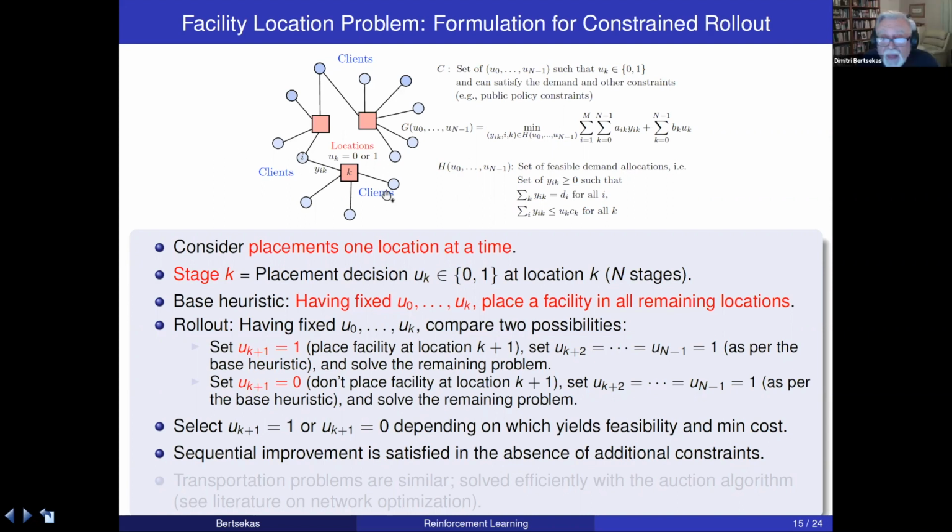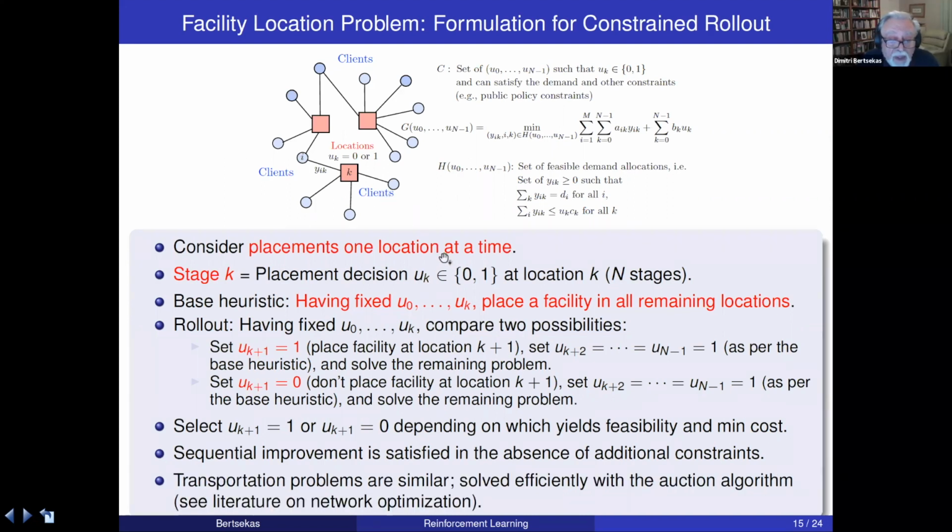But there's one thing that I want to mention, and it's the last bullet here. There are a lot of transportation problems here, right? For every new value of u, 0 or 1, you have to solve a transportation problem. On the other hand, these transportation problems are similar.